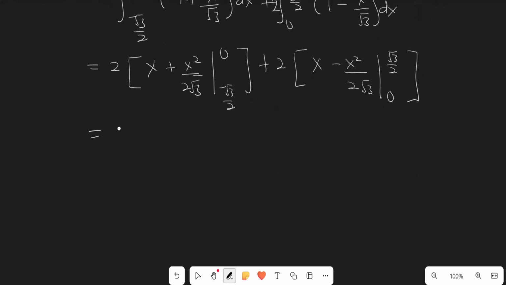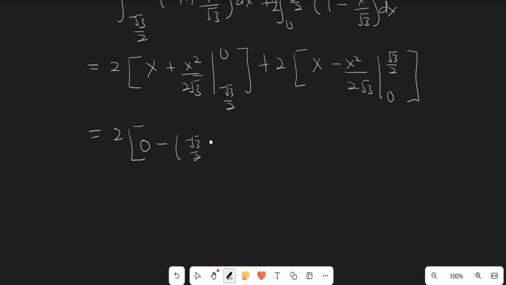So this evaluates to what? If you plug in 0, everything becomes 0. So that's 0 minus, plugging in the negative number, negative square root of 3 over 2, and square root of 3 over 2 all squared is positive 3 over 4.